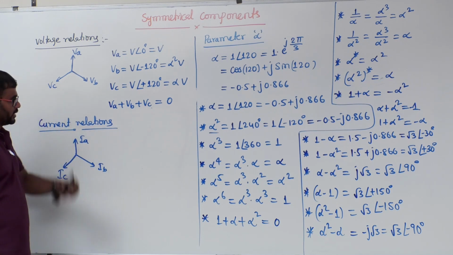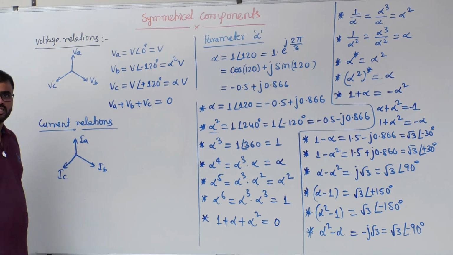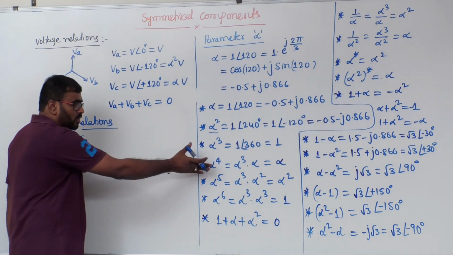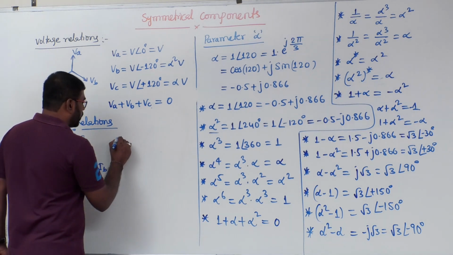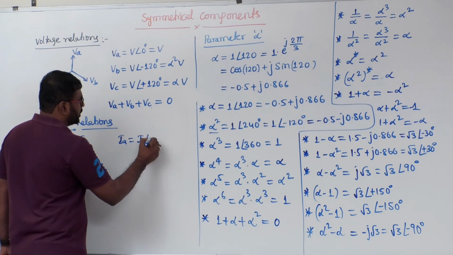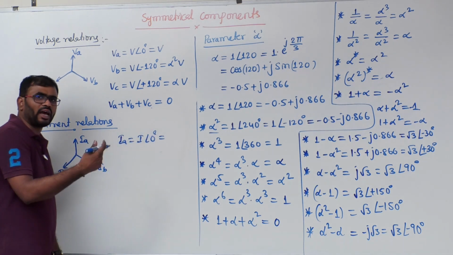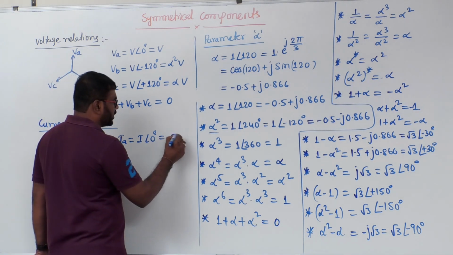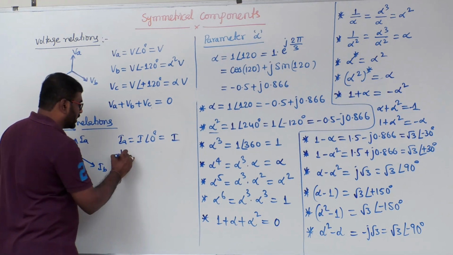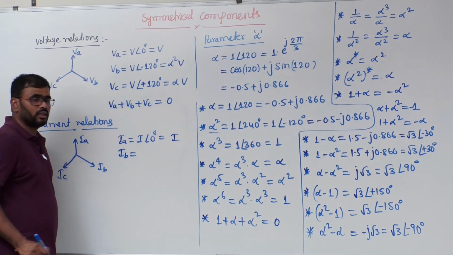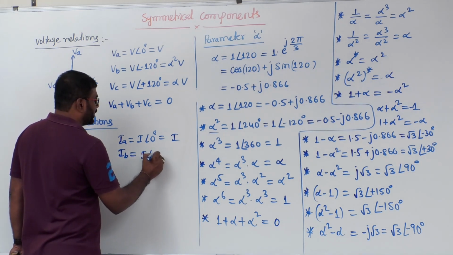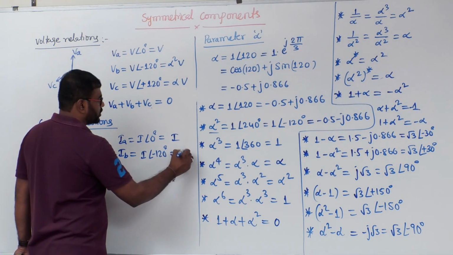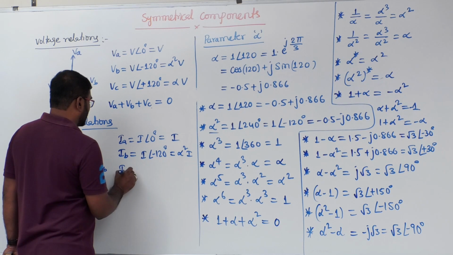Just similar to the voltage relations, we will write the current relations of a balanced system. Again I am saying these things are valid for a balanced system. Now what is IA? IA at an angle 0 degrees. I am assuming the IA phasor is our reference. What is IB? I at an angle minus 120 degrees, so I can write alpha square I. What is IC?